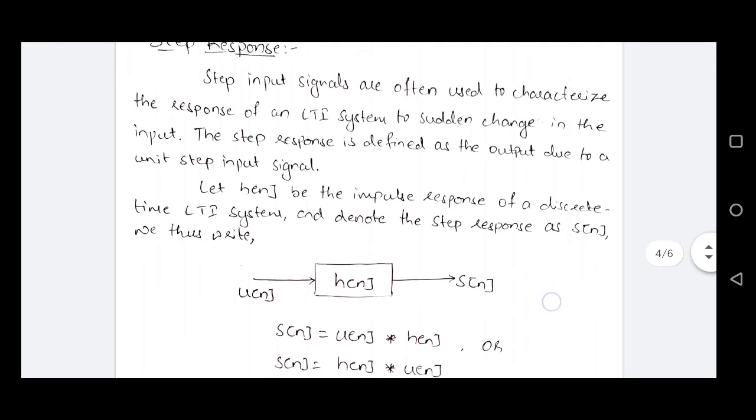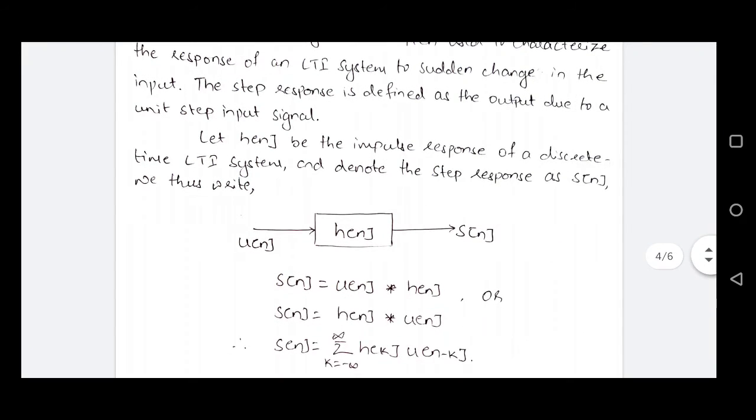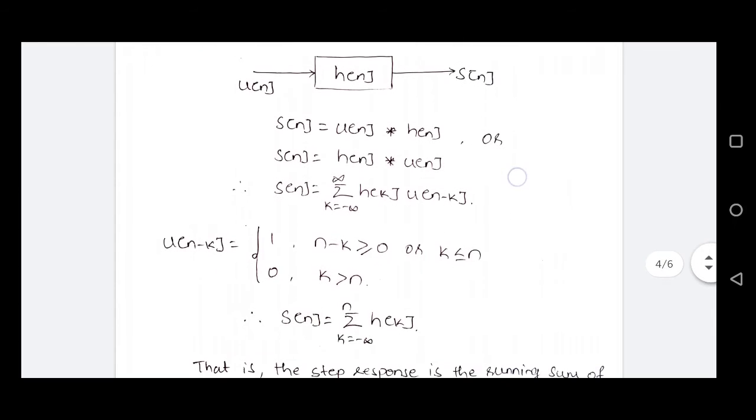Let us consider an LTI system whose impulse response is defined as h of n, and to this LTI system we will apply the unit step function u of n as an input. So the output from this LTI system will be denoted by s of n, the unit step response.